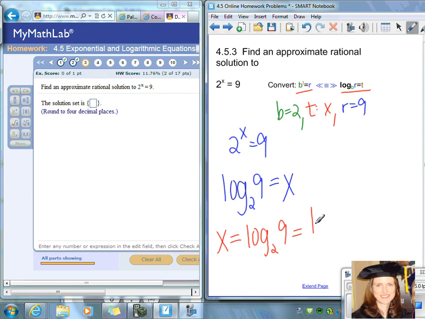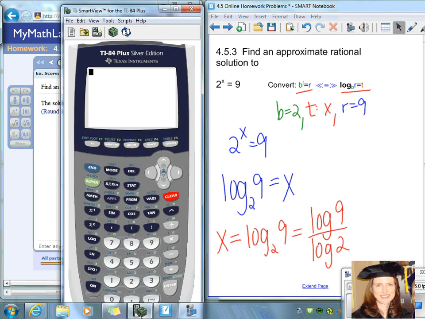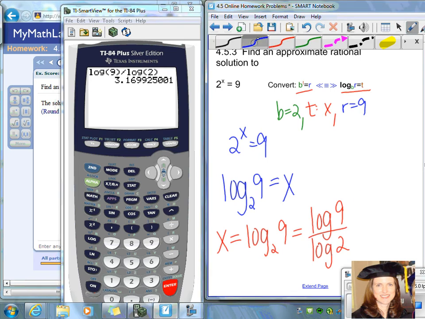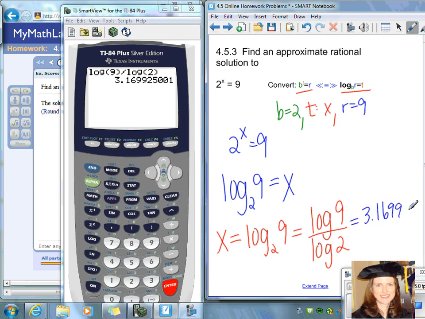Using a calculator and the change of base formula, we're going to write this as log of 9 divided by log of 2. Okay, so on your calculator, determine the value of log of 9, closing the parentheses and then dividing by log of 2. And we get, as a decimal, 3.169925001.